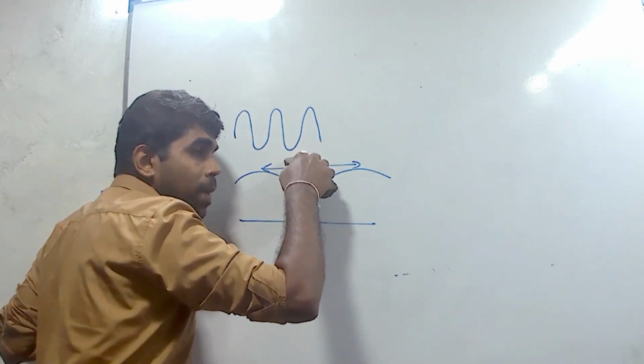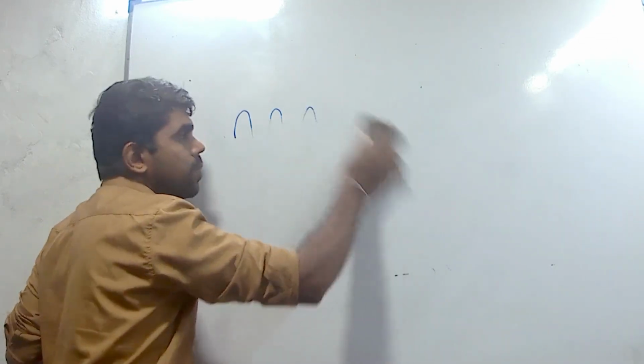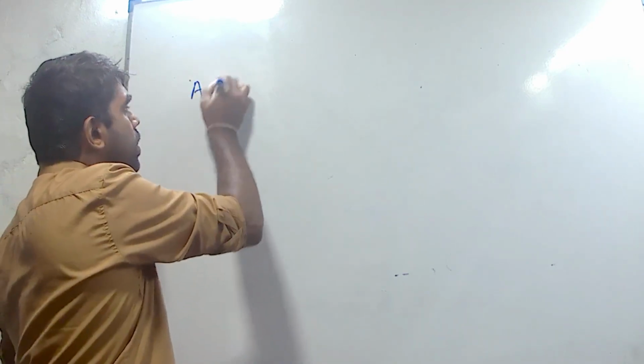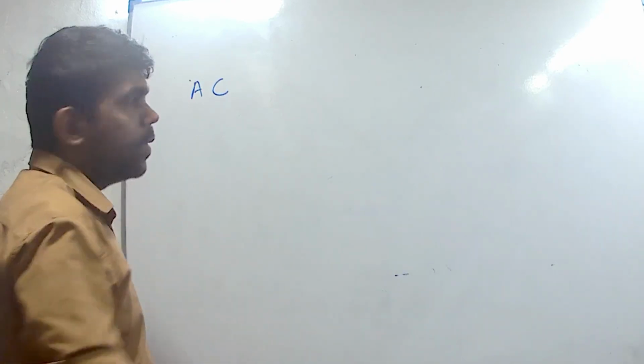Wavelength is maximum for radio waves, therefore their frequency is minimum. Then we can obtain the order A, C, B, D.